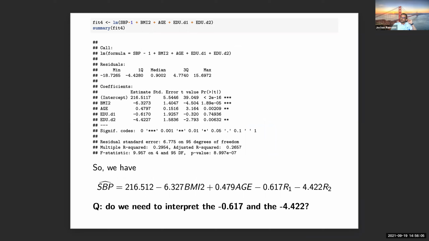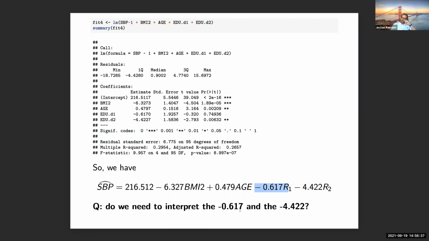Coding this into EDU D1 and EDU D2, and we will do that in lab, will essentially result in coefficients for EDU D1 and EDU D2, which will now have an effect on the systolic blood pressure based on their educational level.